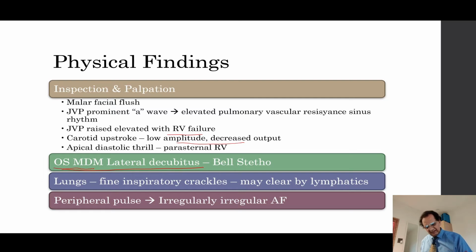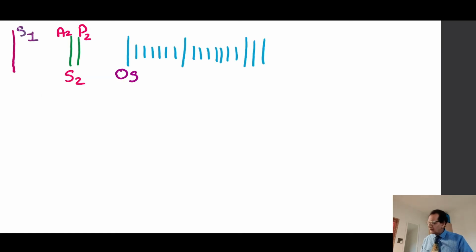Lungs, there may be crackles because of the failure, although the edema clears early with the help of the lymphatics. Peripheral pulse may be irregular. You know it, the most common cause is atrial fibrillation. MDM after opening snap.